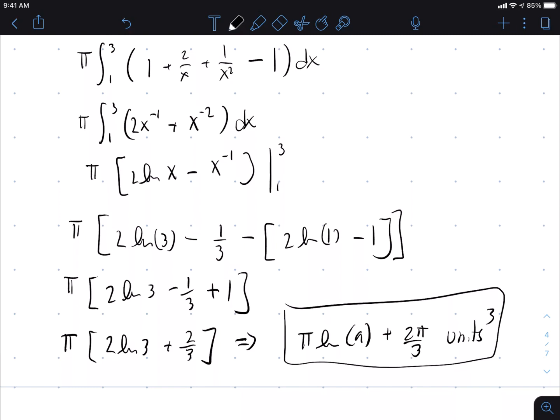Can you guys tell this is going to take some practice? So how did you get the ln? I know that the 2 over x is like 2 natural log. But if you got it into 2x, like in the second line right here, and then you bring the negative to negative 1, couldn't you just do 2x to the negative 1 plus 1, or does that screw it up?